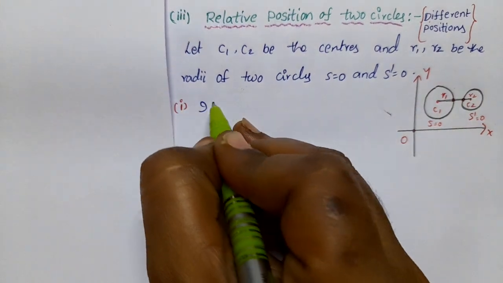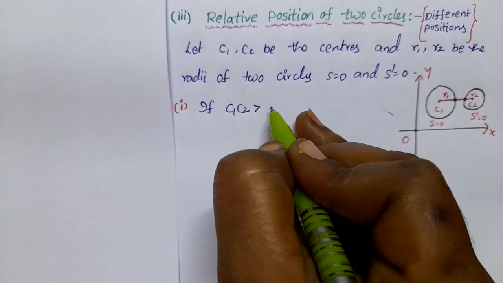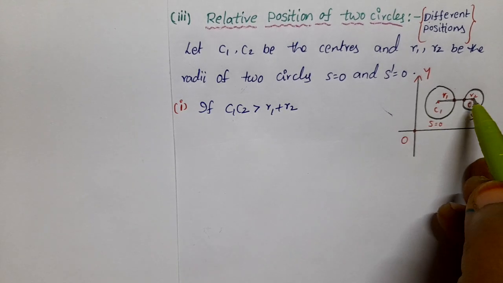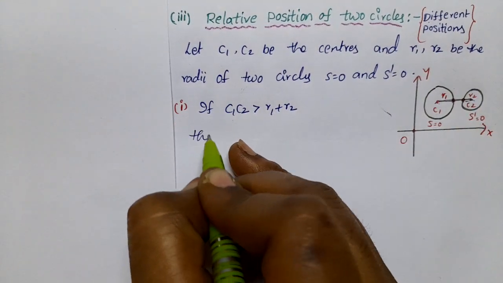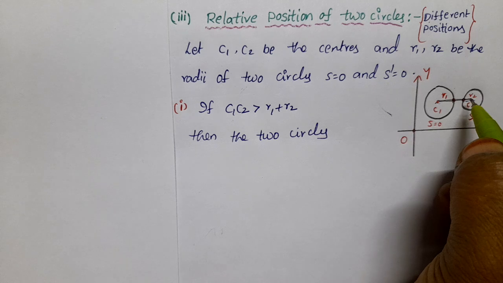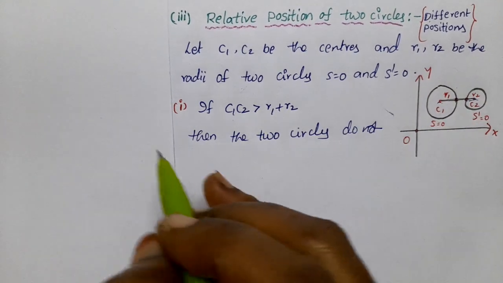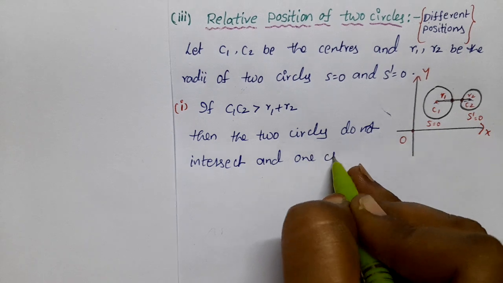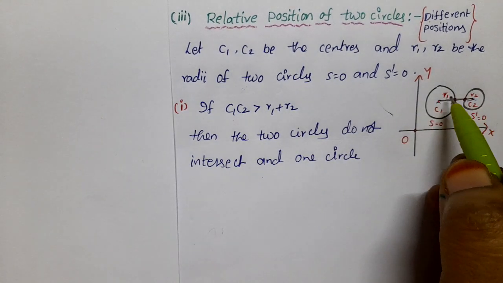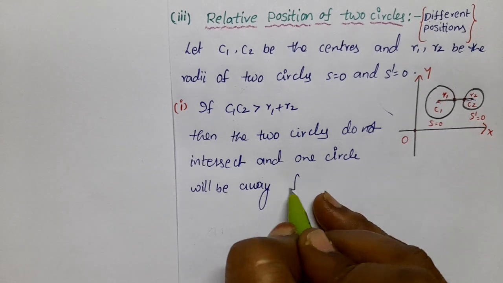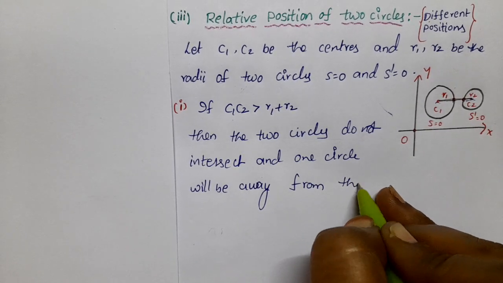If C1C2 is greater than R1 plus R2, that is, the distance between the two centers is greater than R1 plus R2, then the two circles do not intersect, and one circle will be away from the other circle.